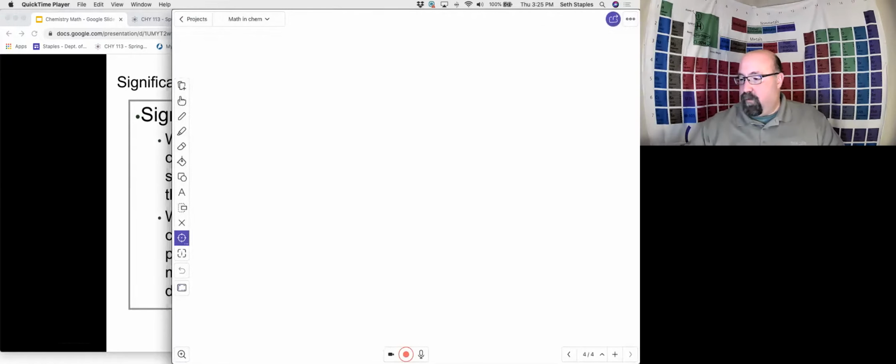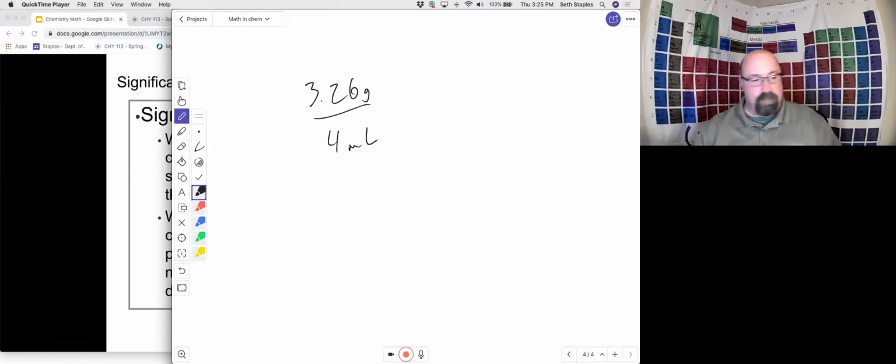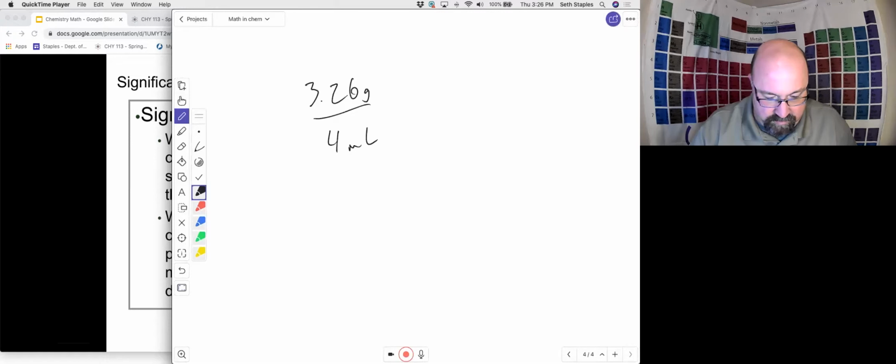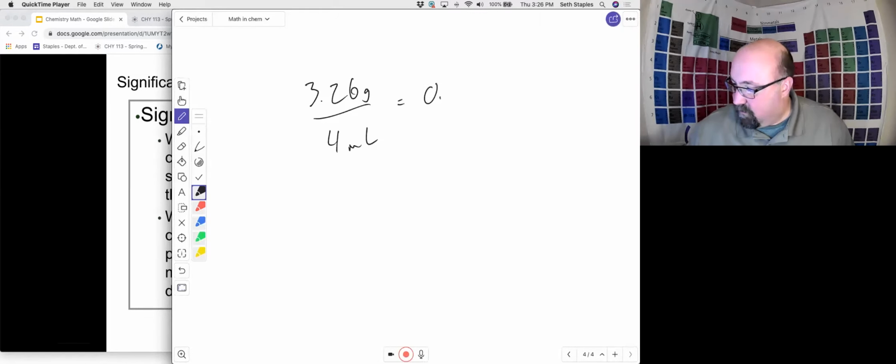So for instance, when we were looking at the density earlier, if I have maybe 3.26 grams divided by 4 milliliters, then I put that into my calculator, 3.26 divided by 4. My calculator is going to give me 0.815 grams per milliliter.